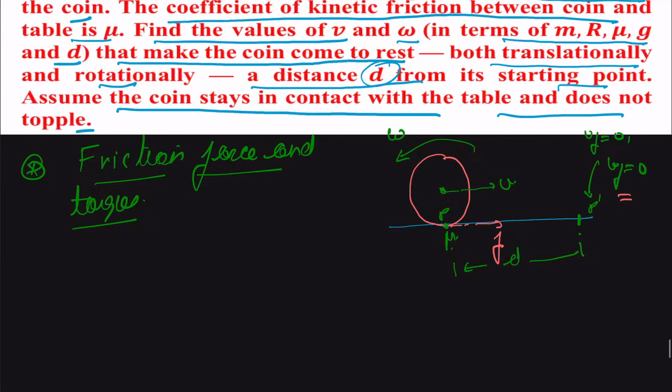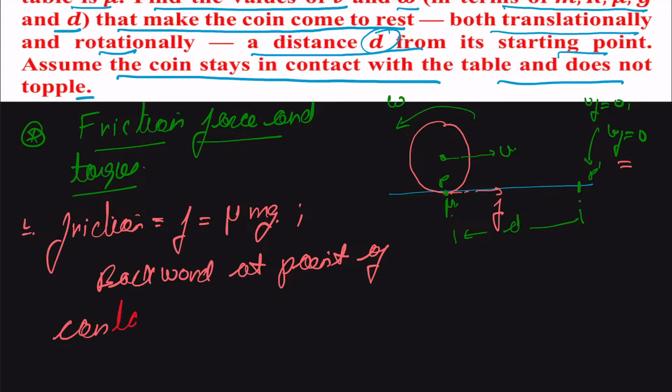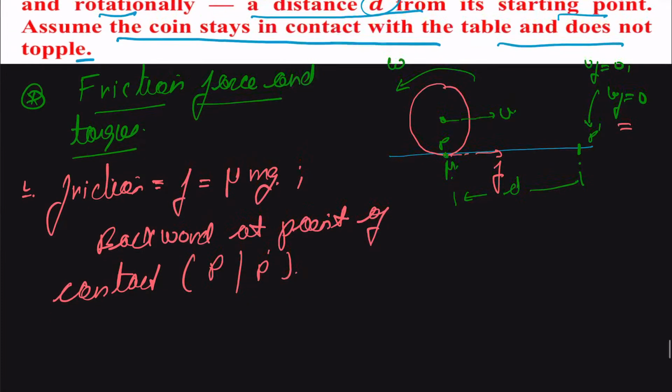First is the friction, F, which will be equal to mu times mg, and it will act backward at the point of contact, which is P, or we can also call it P prime.